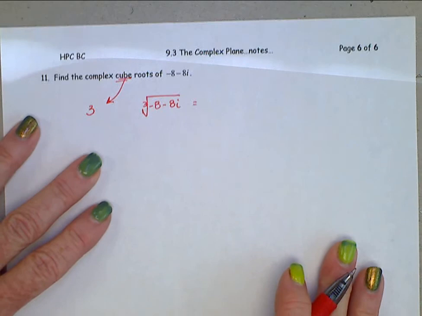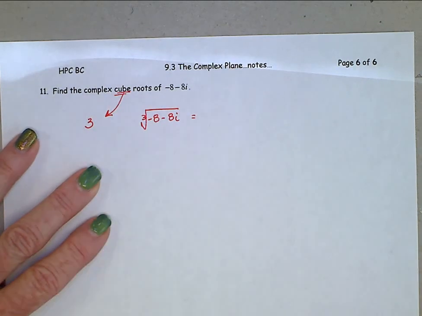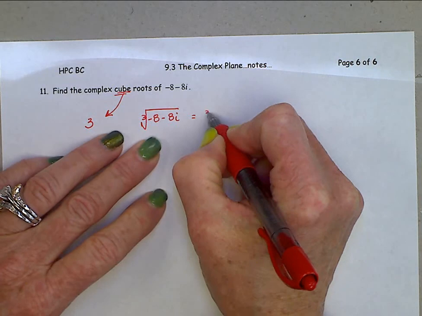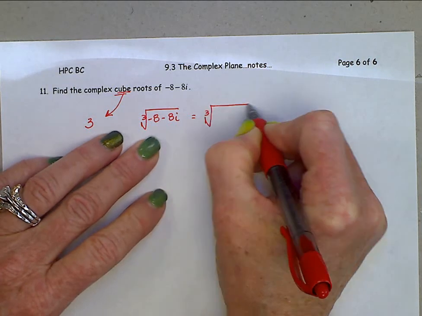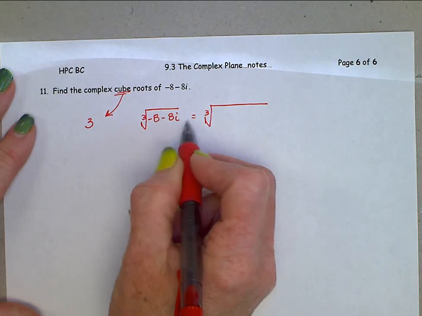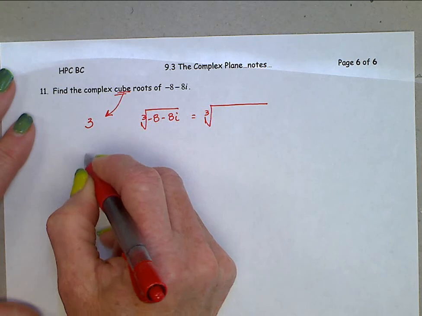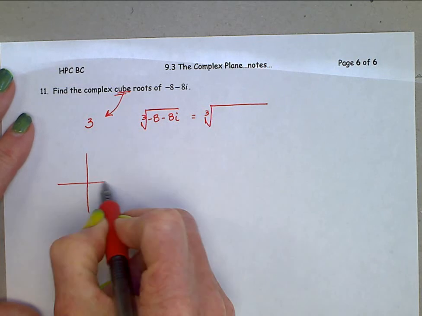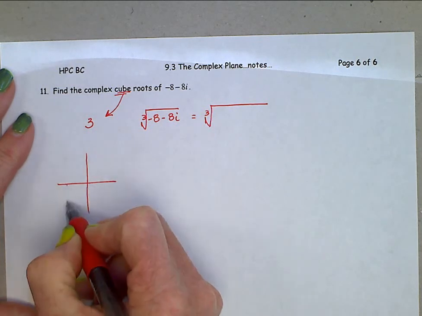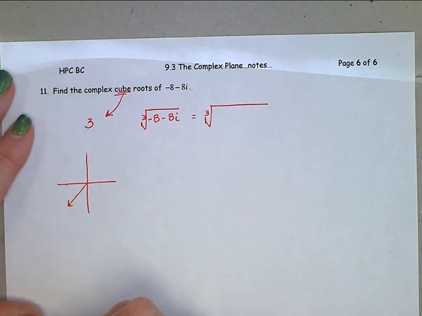Let me move this out of the glare of the sun here. I recognize that this is probably going to be a 45, 45, 90 because of that 8 and 8. So I'm going to sketch this graph. -8 minus 8, right here.